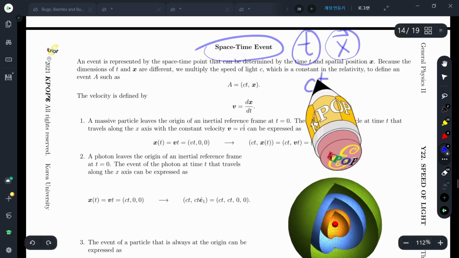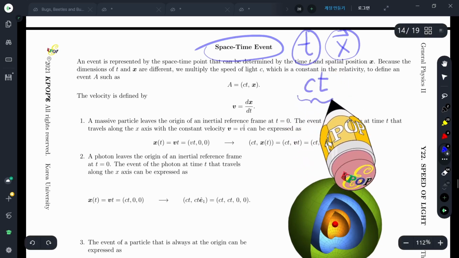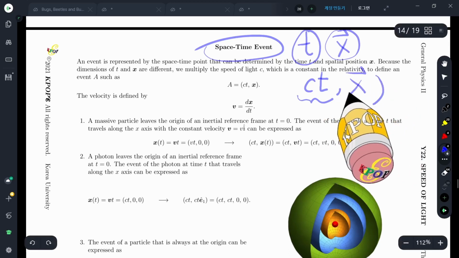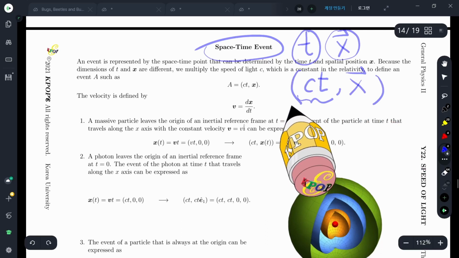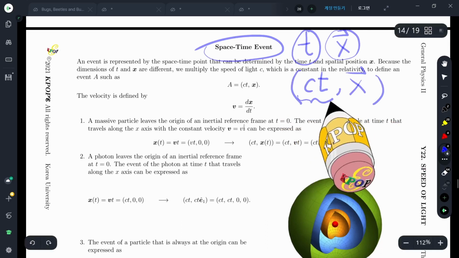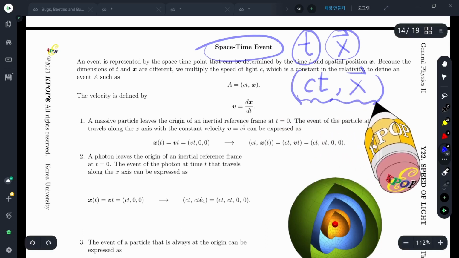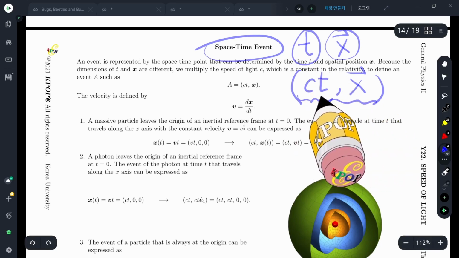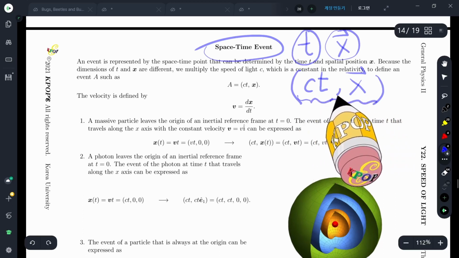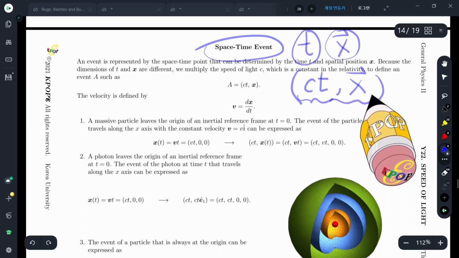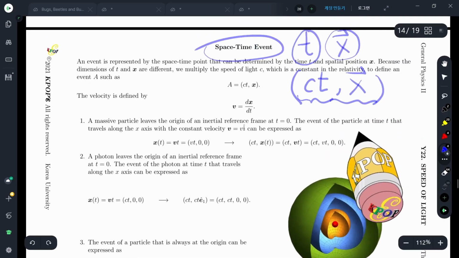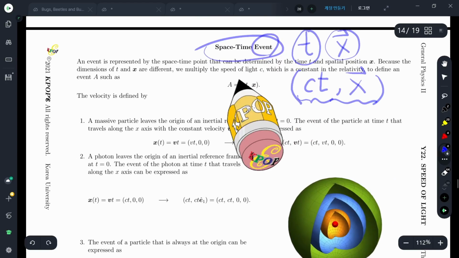We rescale the time to make a dimension of length and put them together to construct the whole coordinate, because it is convenient to find each component has the same dimension. We call this one a space-time event.